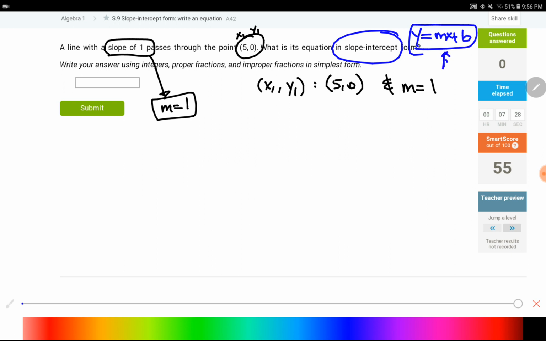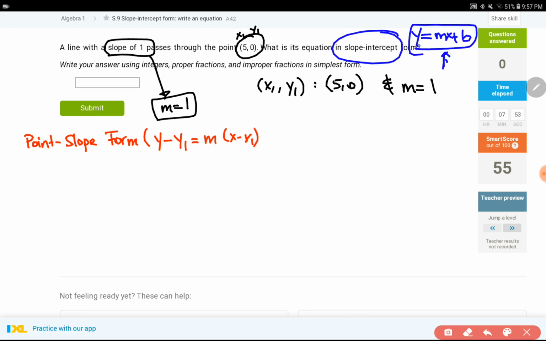Our starting point is going to be point-slope form, which is y minus y1 equals m times x minus x1. You might want to take notes out of this because you are going to need this form.